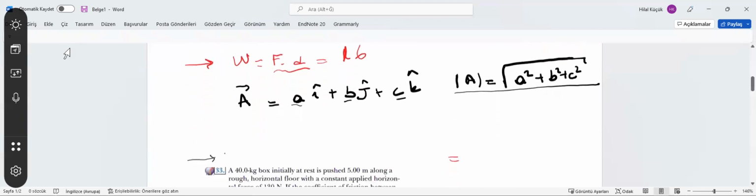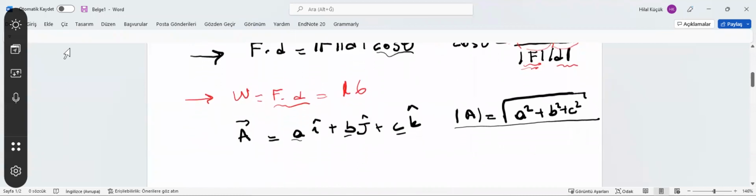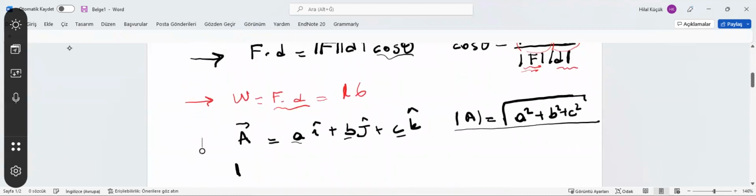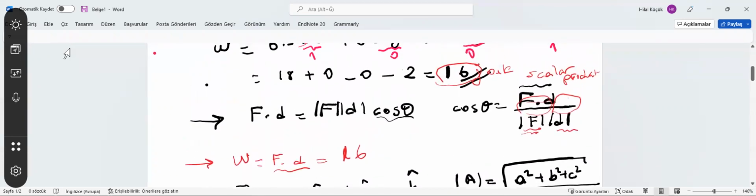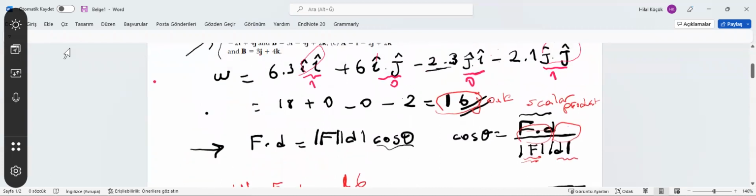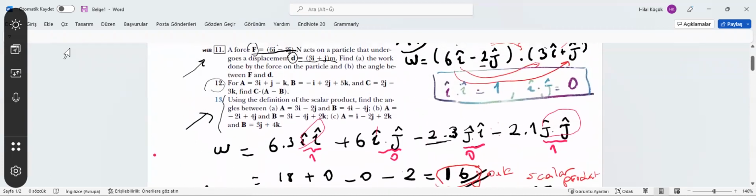Do I have some space? Yes, I have space. I will find the F part. What was F? If you know this part, please move to the other questions. I need to find the F information. What's F? Okay, F has 6 and 2.